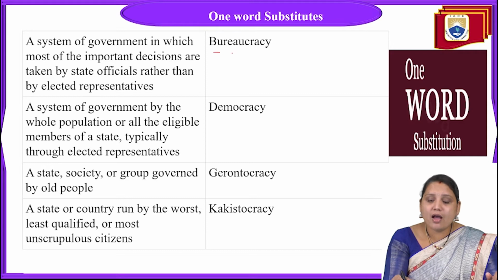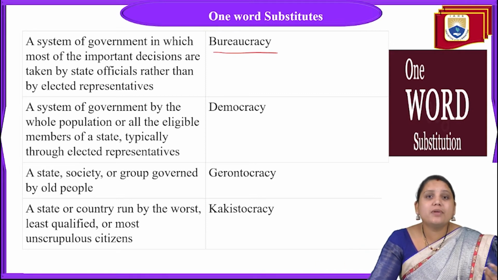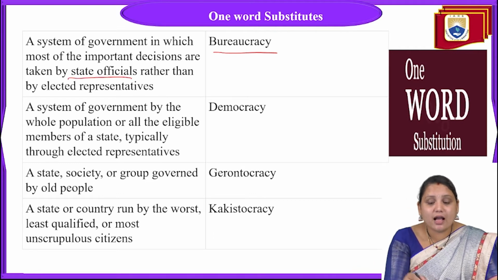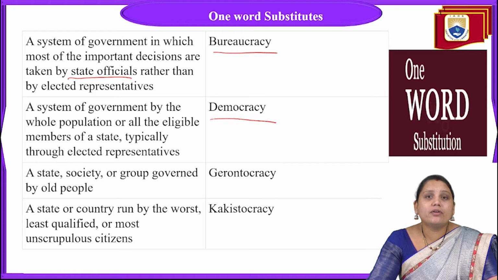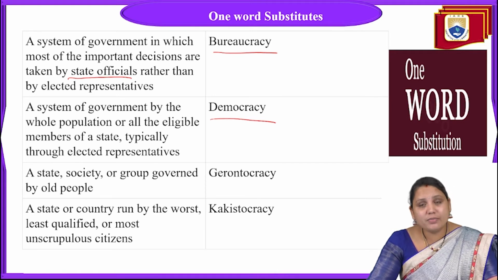Here, some more. Bureaucracy. What is the meaning of this word? A system of government in which most of the important decisions are taken by state officials rather than by elected representatives. Then, democracy. Which kind of government does India follow? We are a democratic country. What is meant by that?